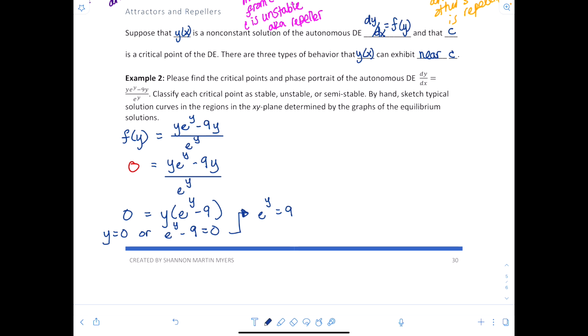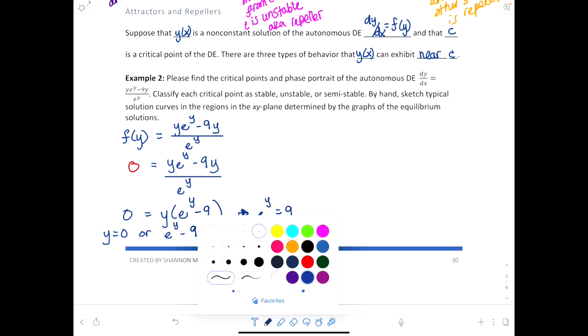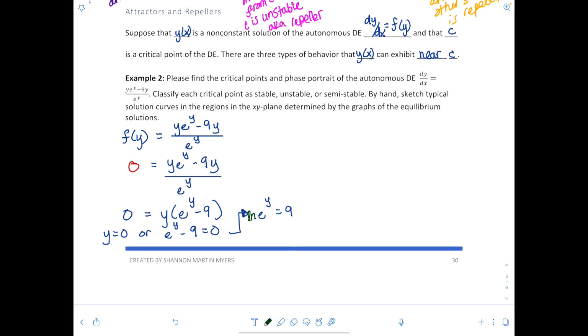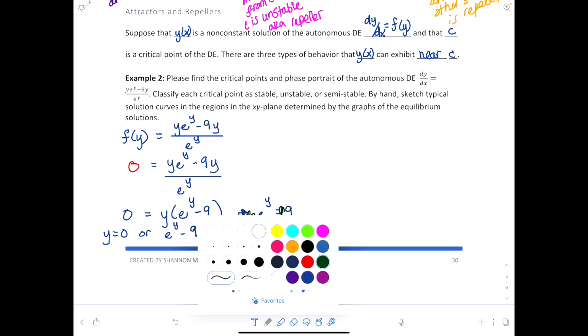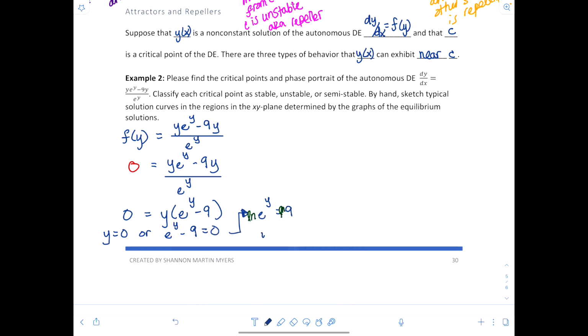A logarithm is the inverse of this exponential, right? So if we evaluate the natural log of both sides, we will have y equals natural log of 9. And just so you know, natural log of 9 is approximately 2.20.